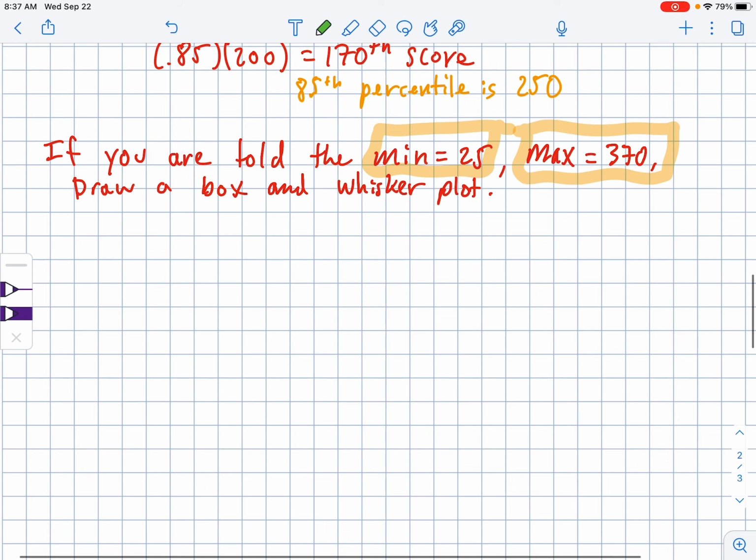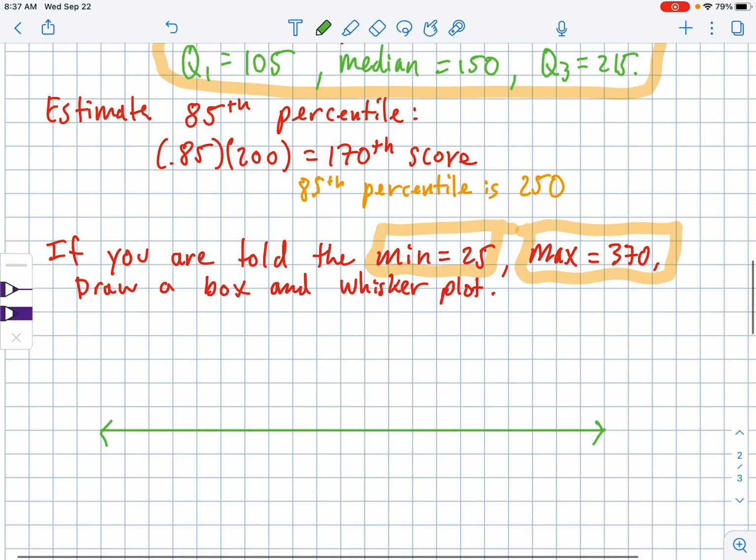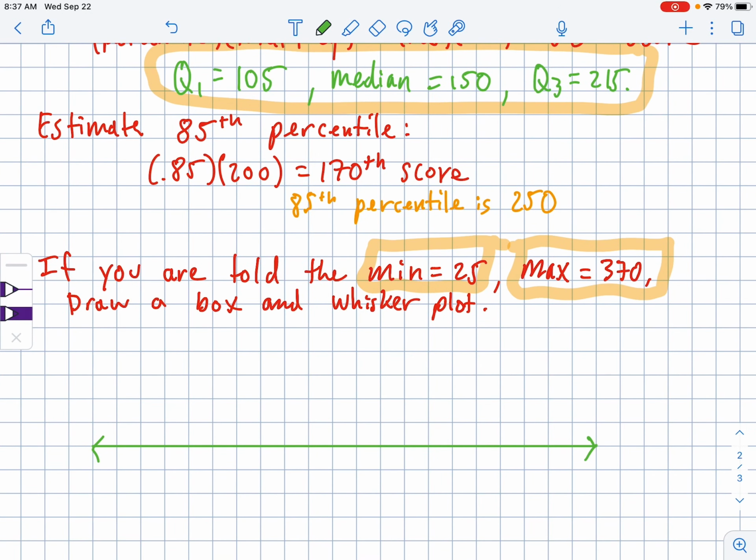My colors are all over the place on this one. You just need to put a number line underneath, and that number line needs to start at 25-ish and go up to around 370-ish, because that's the smallest and biggest that we have. The tick marks are up to you.